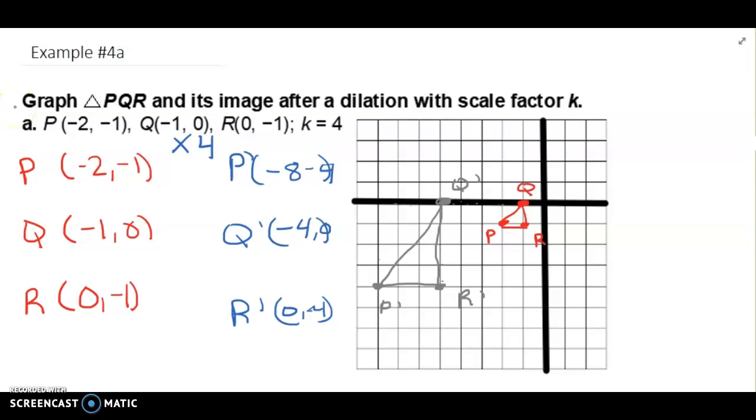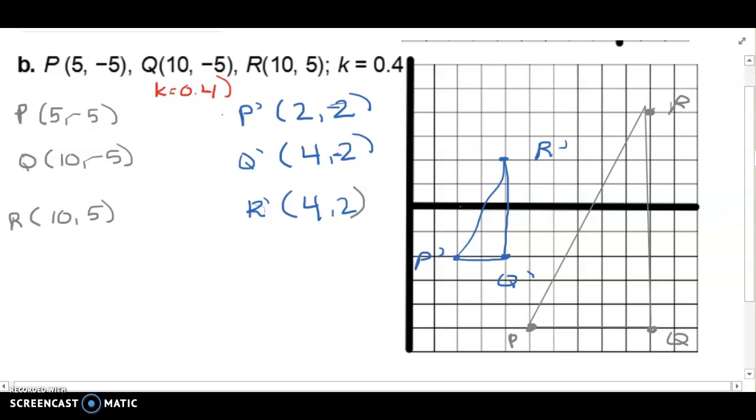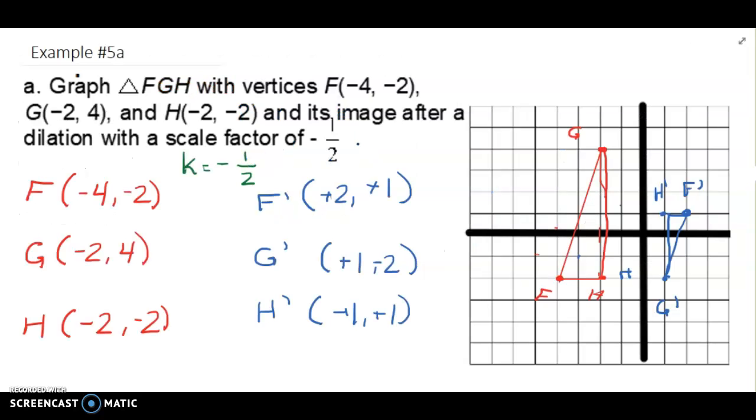All right, this is what you should have gotten for example 4A. Here's 4B. All right, now 5A and 5B, we have a negative scale factor. So we treat it just the same, so we just multiply everything by a -1/2 instead of a 1/2.